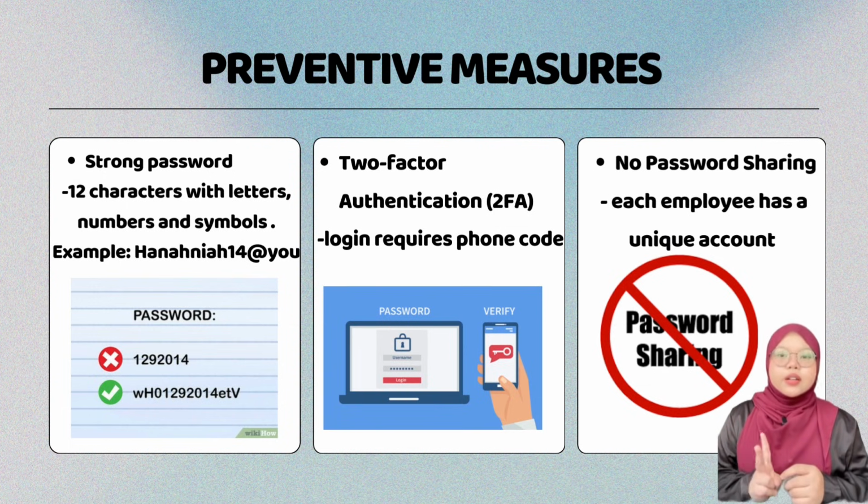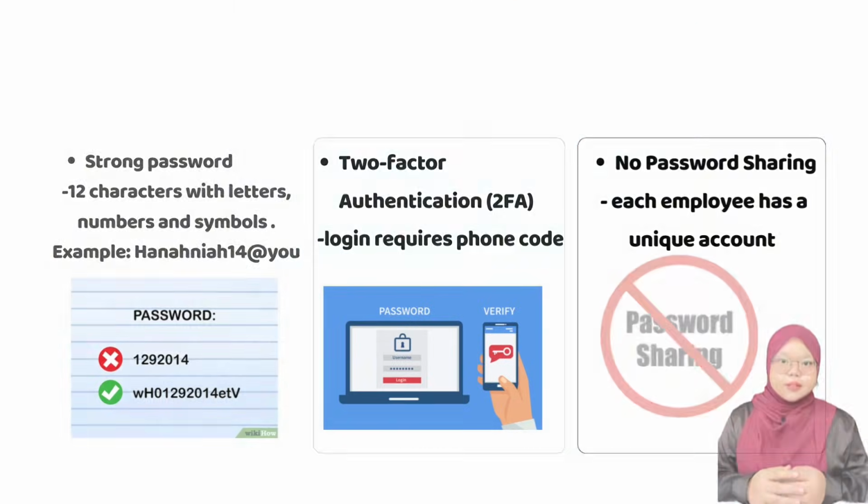Second, two-factor authentication or 2FA should be used. This means users must enter a code sent to their phone in addition to their password. Lastly, password sharing should be strictly prohibited. Each employee must have a unique account to ensure accountability and better security.